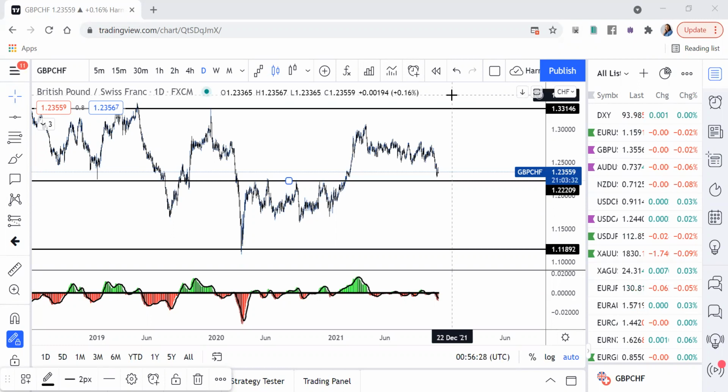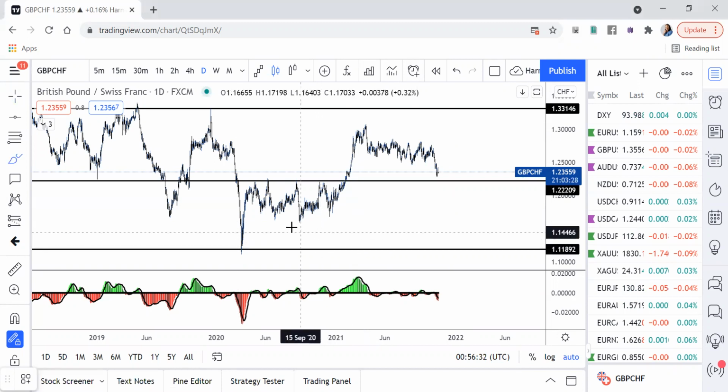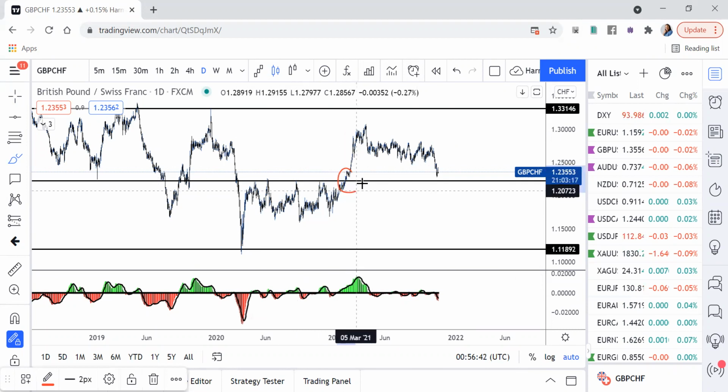So on the daily time frame, I notice this is a daily high here, and based on the MACD, we have some daily highs. And what do we have here? We have a break of that daily high. So price actually gave us the breakout.